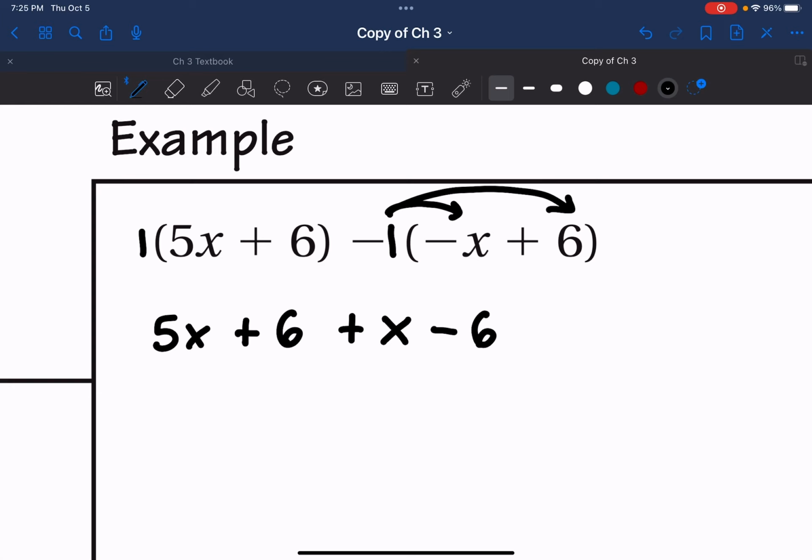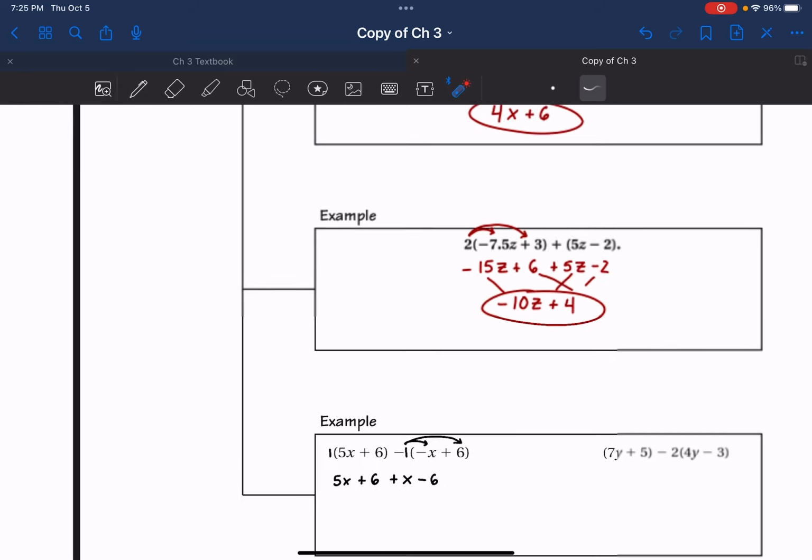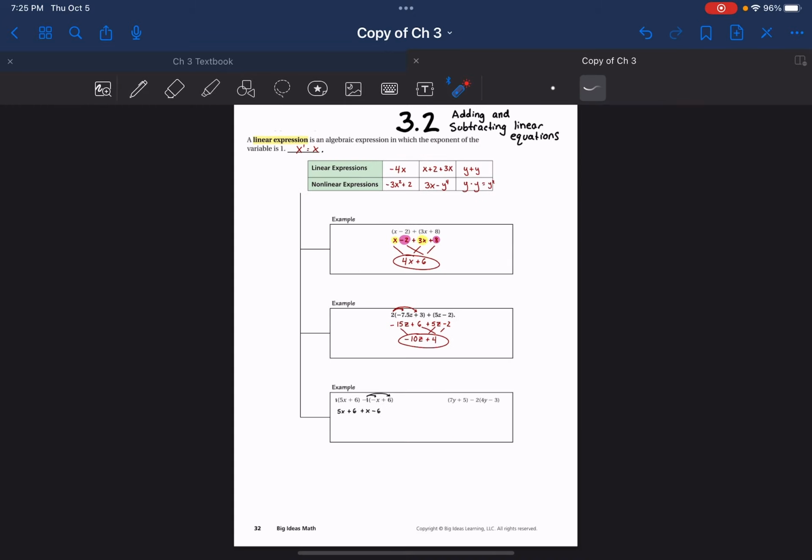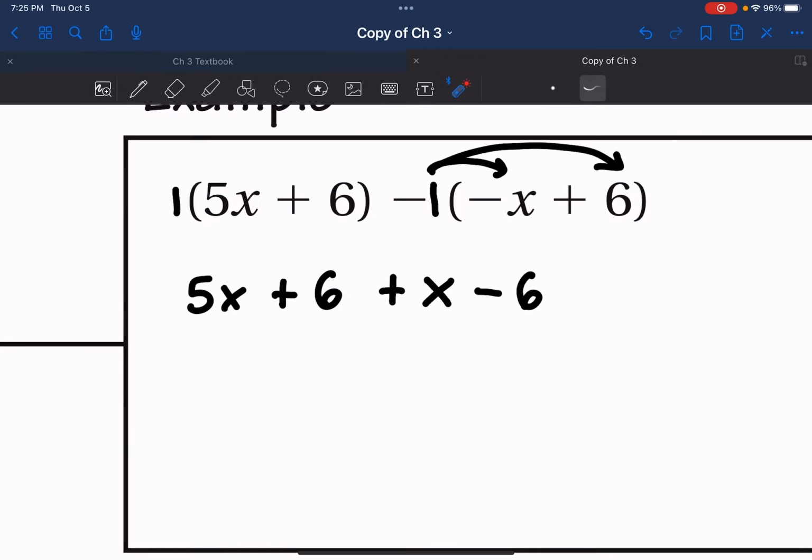Okay, so now we have officially distributed, and now this problem is looking more like what we're used to, like up here, right? Now we can just combine like terms. So I guess how this is different than what we were doing is just because that negative is now incredibly important, and so is that little invisible 1. That invisible 1 with a negative sign changes the game, okay? Let's go ahead and combine like terms real quick.